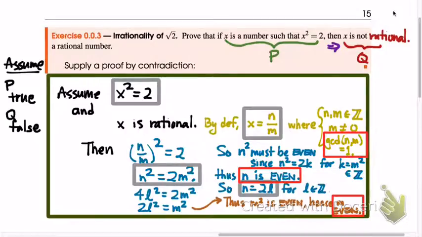And so because n and m are both even, to put a finer point on it, because 2 is a factor in common, the greatest common divisor of n and m is at least equal to 2. And so we have a statement here: the statement that n and m share no common factors, whose negation must also be true in this alternate universe.